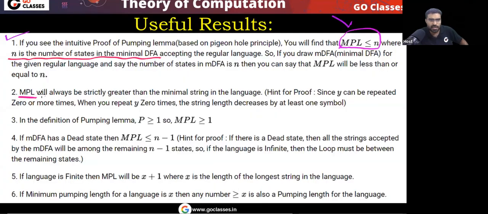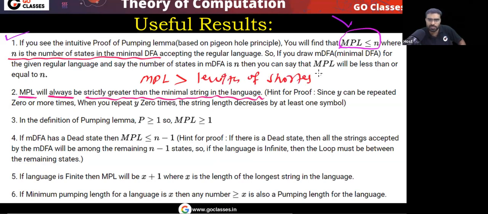You can notice MPL will always be strictly greater than the length of the shortest string. Yes or no? This MPL will be strictly greater than the length of the shortest string.